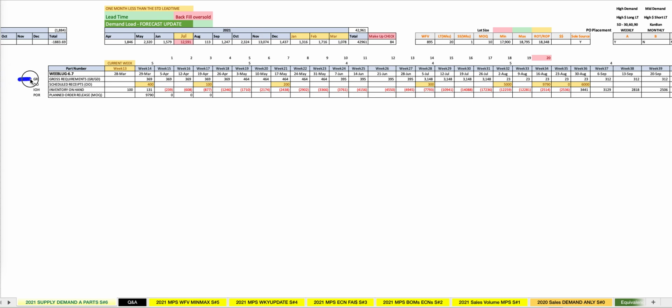You have the gross demand in this line, as I said, in weekly buckets. Then out of your system, you need to lay out per week the receptions of open POs. It's also called on order, components on order, or scheduled receipts. So you put them when they are due.